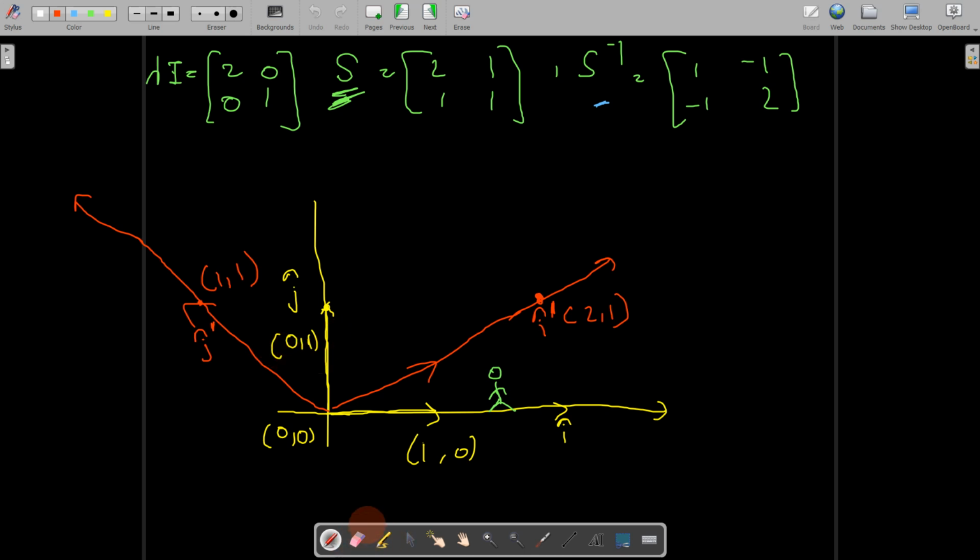This is a little bit involved. Pause the video and think about it yourself. You will get it. You go to the eigen coordinate system, do the transformation, which is just a simple stretch, and then the transformed coordinates in the eigen coordinate system, you convert to the original coordinate system. This is what is happening intuitively.